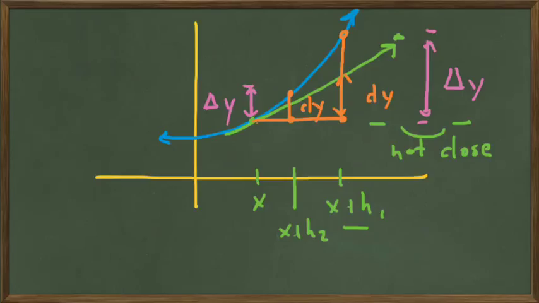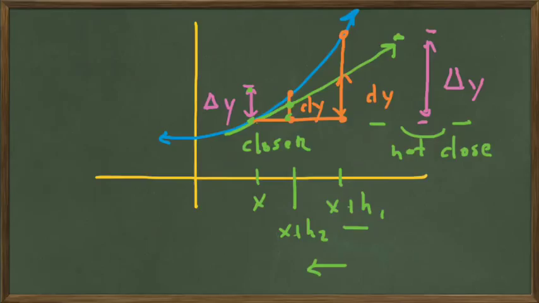Whereas when we make our h values smaller, so now we're looking at x plus h1, the dy is from here to here, and the delta y is from here to here, and they're actually fairly close.